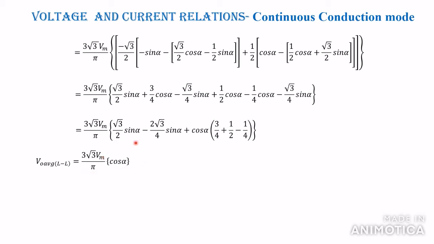On further simplification, this is the average value of the load voltage. Now the average value of the load current, here load is a resistive load. So the load current I naught average can be written as 3 root 3 Vm by pi into R value into cos alpha. R is the load resistance.